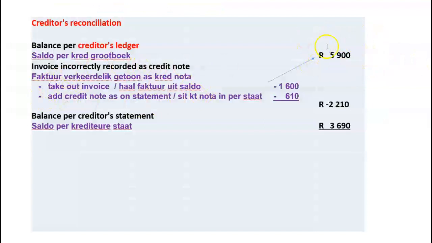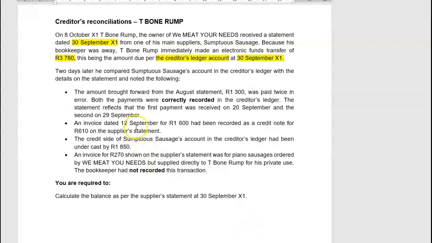So here we don't know what the balance is. But what we do know is that an invoice dated 12 September of 1,600 had been recorded as a credit note of R610 on the supplier statement.